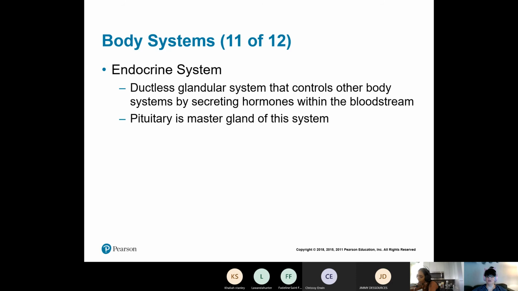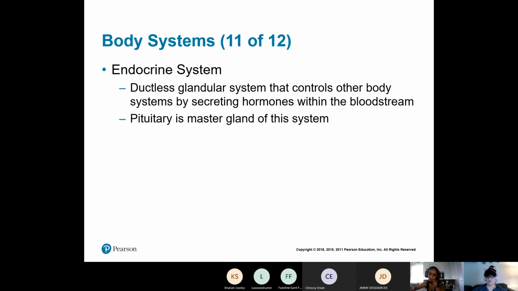Endocrine system. Now, that's also another highly underrated system, because when it works right, we don't ever think about it. We never think about the endocrine system. But when it's not working right, it can actually wreck your entire life.